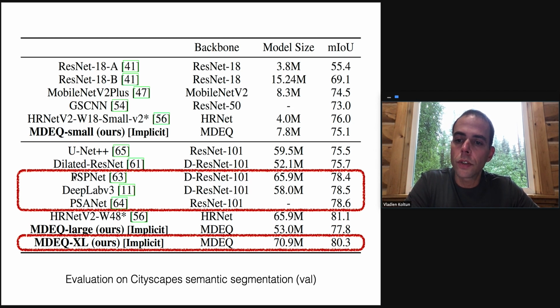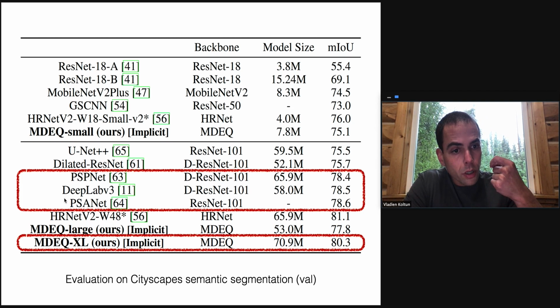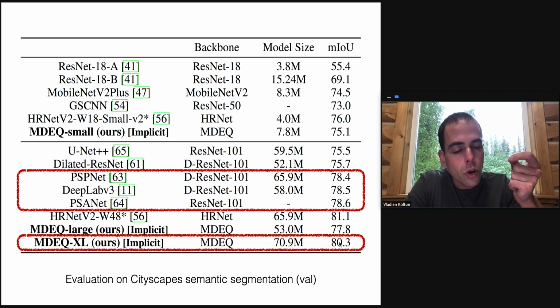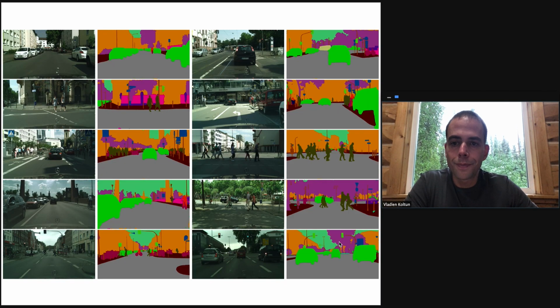Very well-known convolutional networks such as PSPNet, DeepLab V3, and PSANet, which are strong convolutional networks, carefully crafted, carefully architected by very experienced, very competent teams of computer vision researchers. And you see that the Mdeck, which takes a radically different approach, outperforms these very strong recent models.